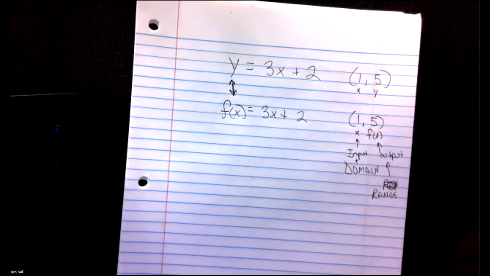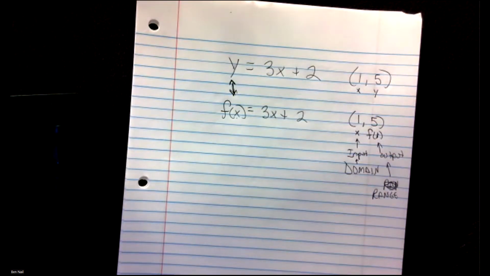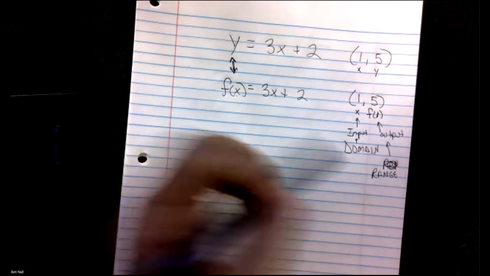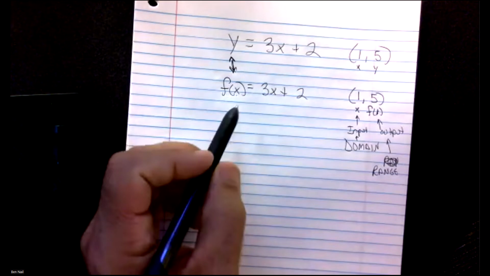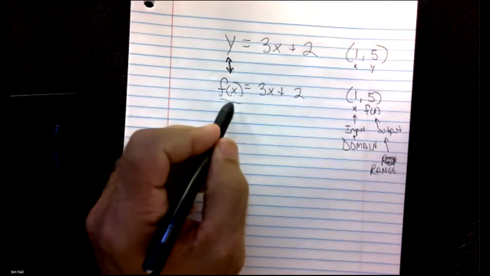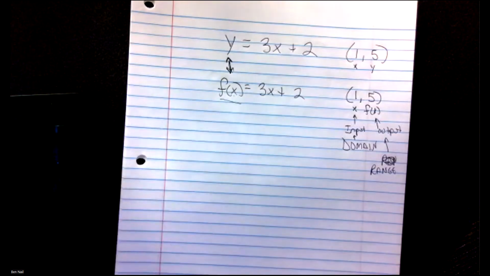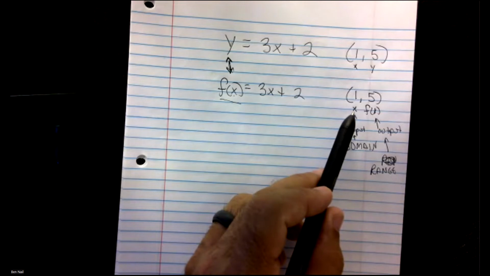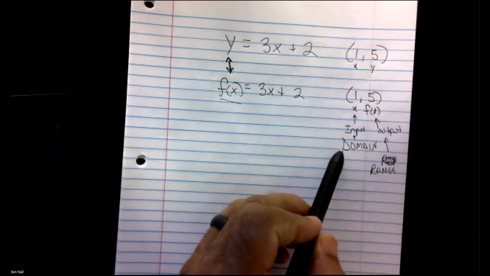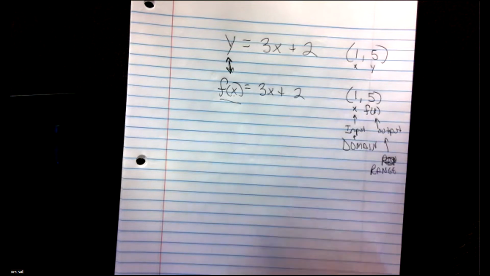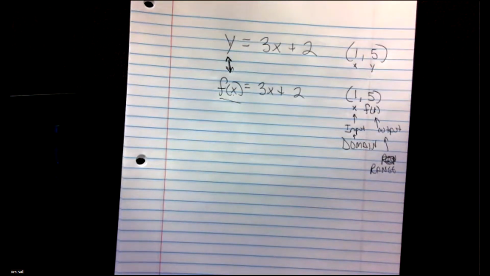Range is all of the possible y's. So that's just some vocabulary, terminology stuff. So y equals 3x plus 2. Function notation, this f of x means the same thing. So f of x and y are basically interchangeable. And again, just some other things they call the x. You can call it the input or the domain. The output, the y's, are also called the range.